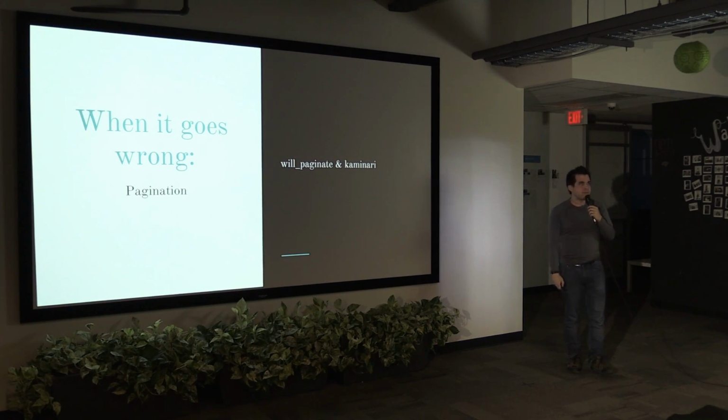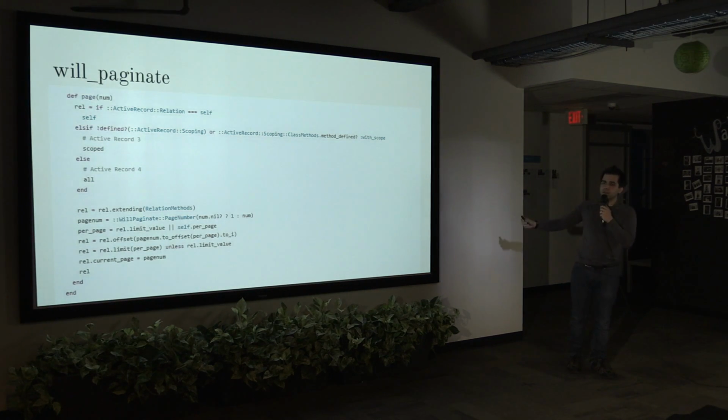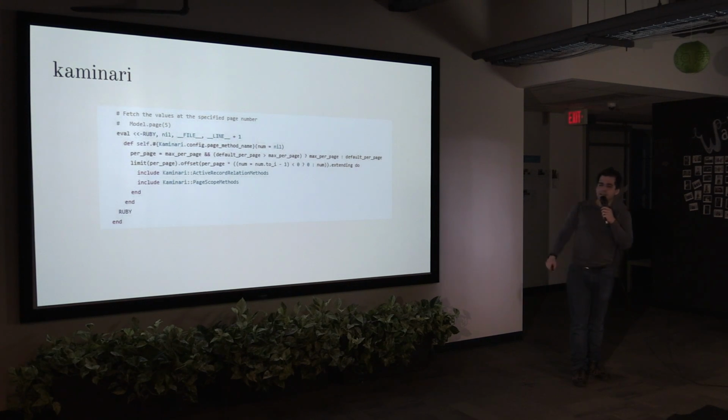But basically what ends up happening in this scenario, the code's not really super important here. There's a gem called will_paginate. It reaches into the ActiveRecord relation class and adds a method called page. The actual content's not super relevant, but the method is called page. Kaminari does something a little bit similar, except you can't read it because it does something funky. But surprisingly, the default is page.